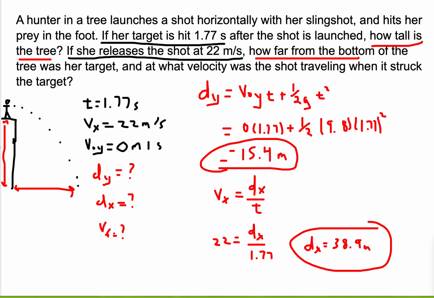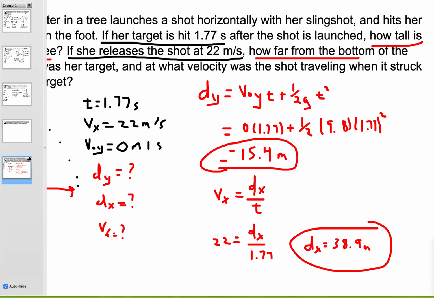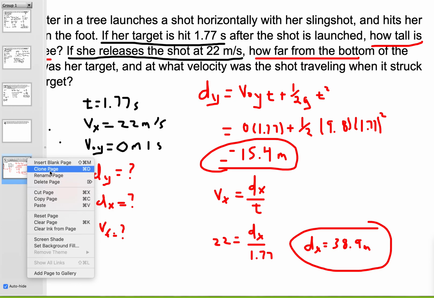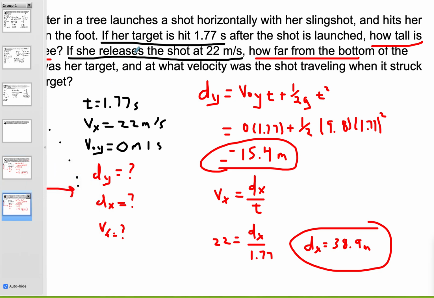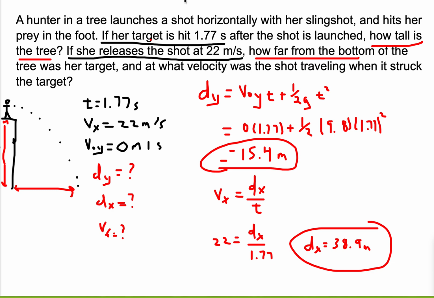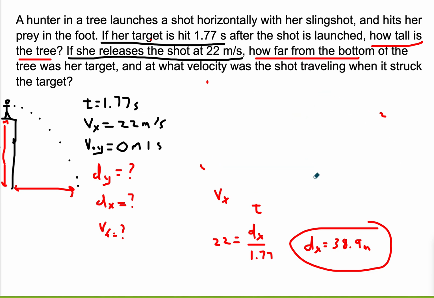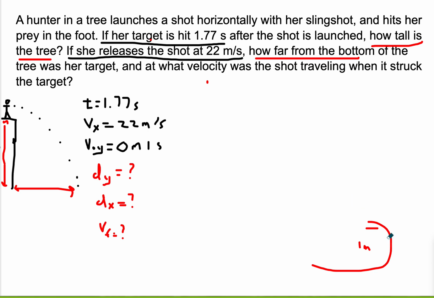Okay. So now I'm going to copy this problem, copy this page, and let's look at, so we need to find VF. I'm going to delete this part here. And let's draw out our triangles again.